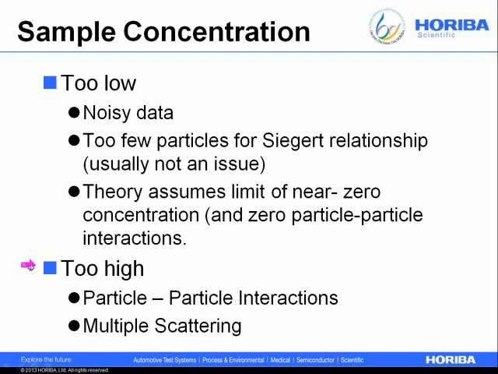If the concentration is too high, what you'll have happen is something known as particle-particle interactions. So if you have simple hard spheres, they'll start to collide, and so they won't move freely, and the equations don't work properly. There's also a phenomenon known as multiple scattering, where scattered light from one particle strikes another particle, and that scattering from that second particle strikes another particle and is scattered again before it reaches the detector.